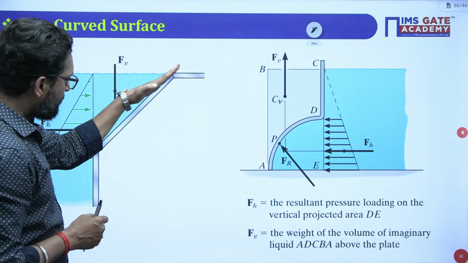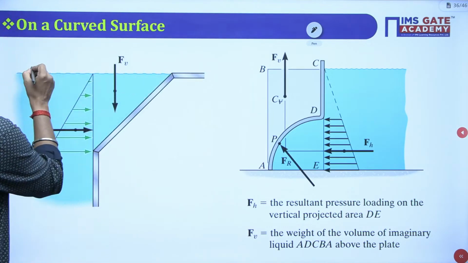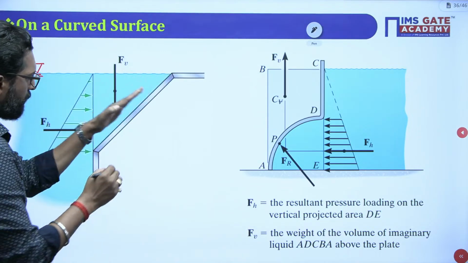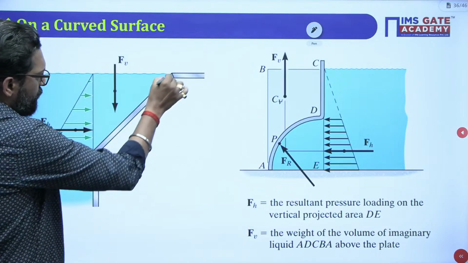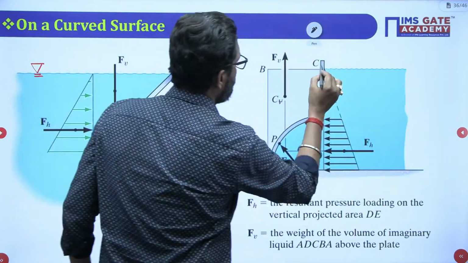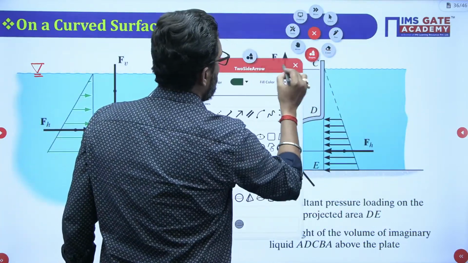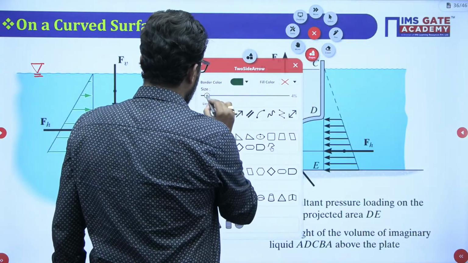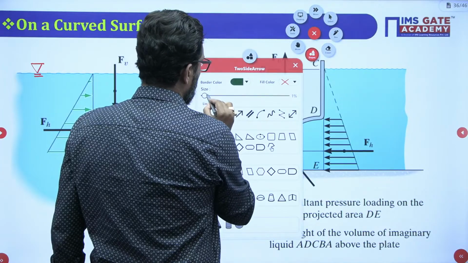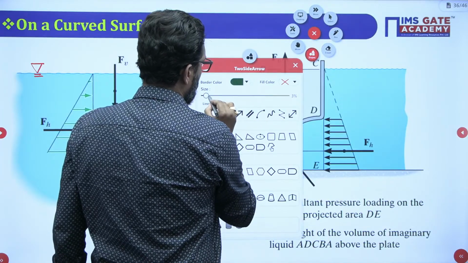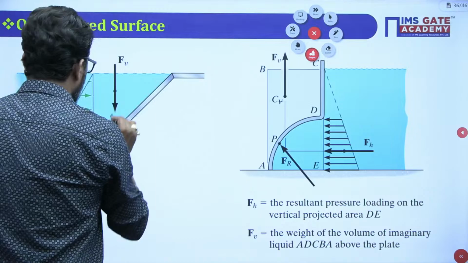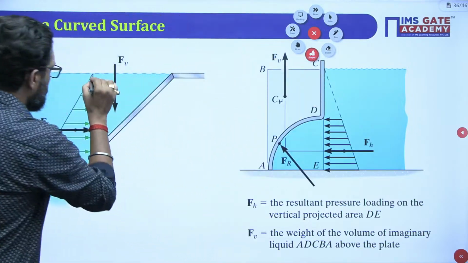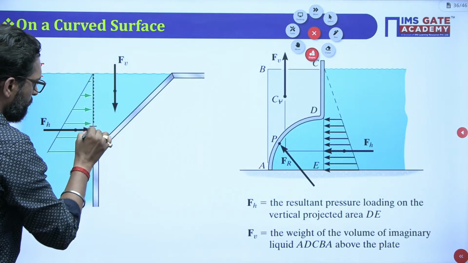This is your free surface, mind it. If this is our surface, we take the horizontal projection. So this is our vertical projection.